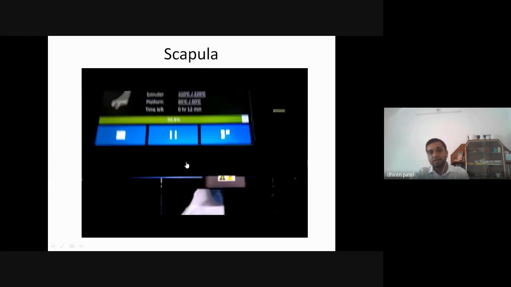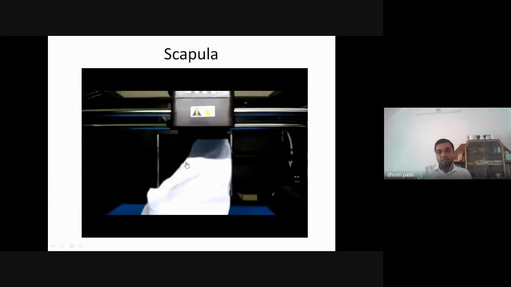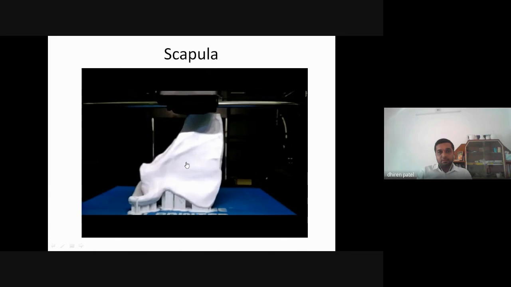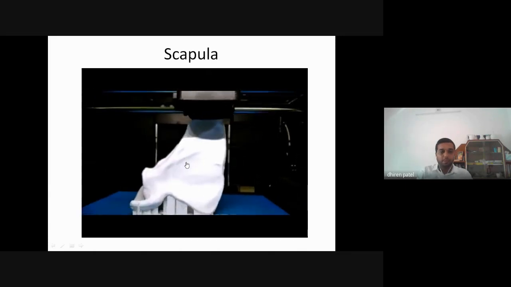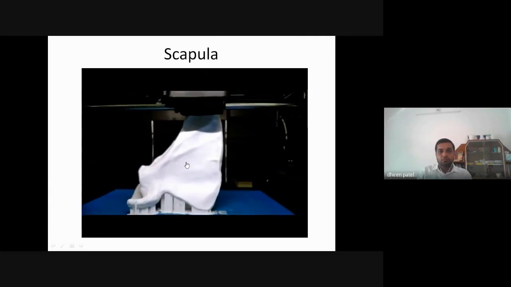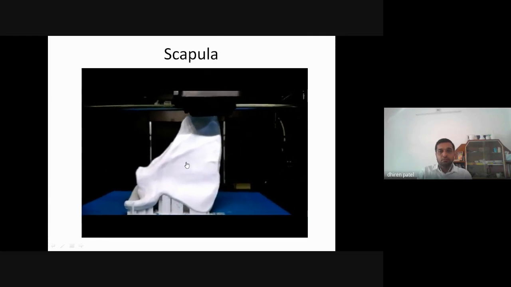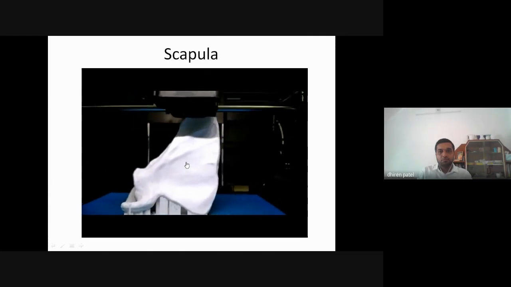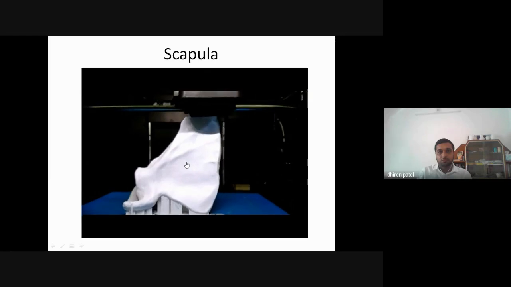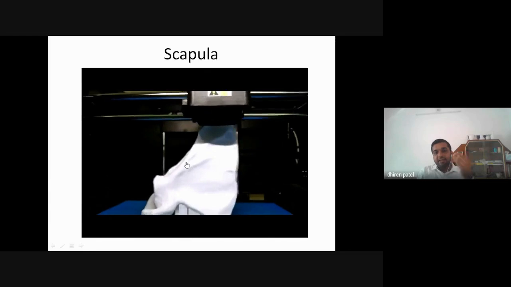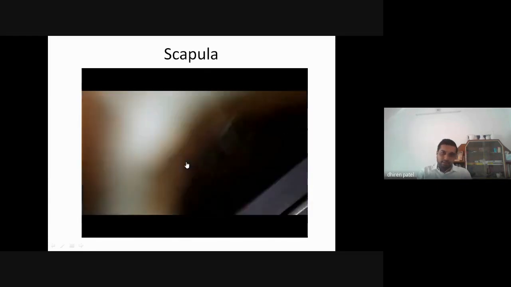Here you can see we have printed a scapula bone at our university. This is how the printer is printing layer by layer.